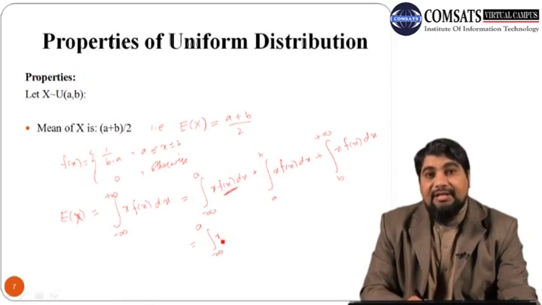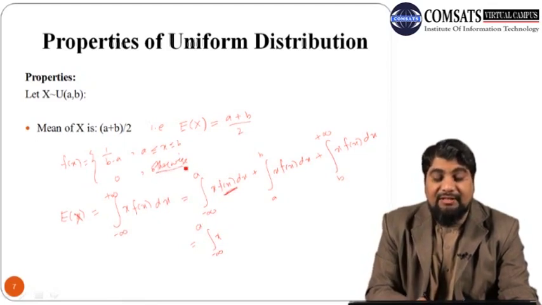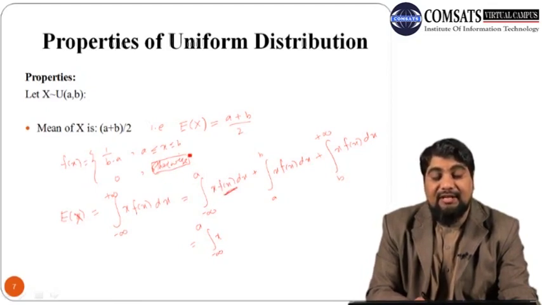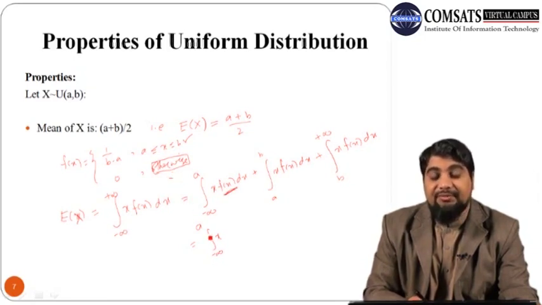Since the range of x for this first integral is from minus infinity to a, this range is not covered where x takes values from a to b. So the function is 0 when x ranges from minus infinity to a.